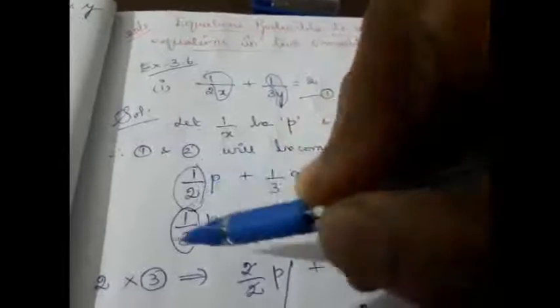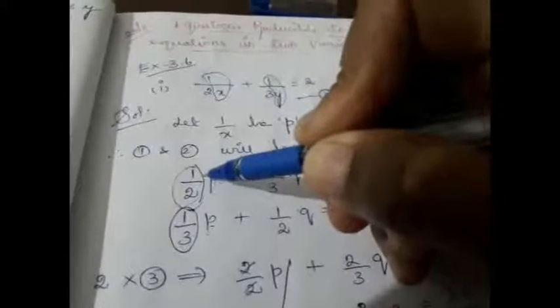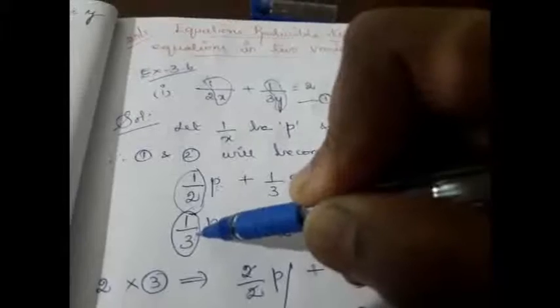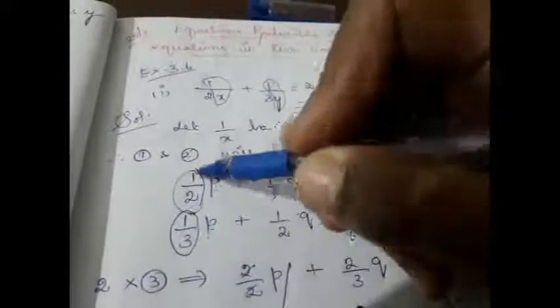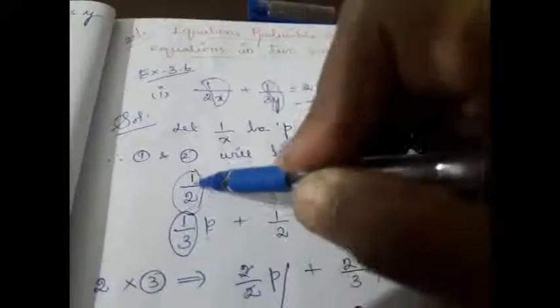How can you make the coefficient 1 by 2 into 1 by 3 or 1 by 3 into 1 by 2? Either you can multiply. We will multiply the first equation by 1 by 3 and the second equation by 1 by 2. We multiply the coefficient of p in the second equation into the first equation, and the coefficient in the first into the second, right? Then we will get the same coefficient and then you can go with the elimination method.